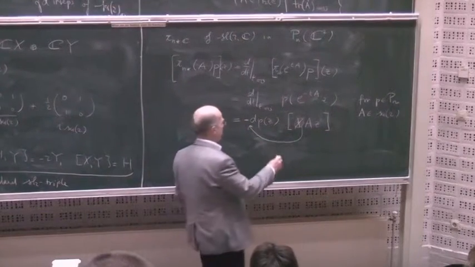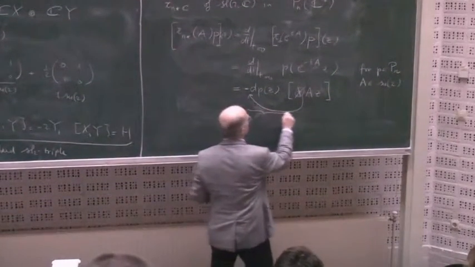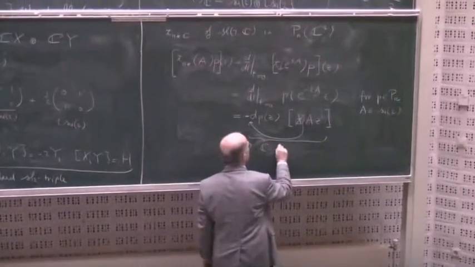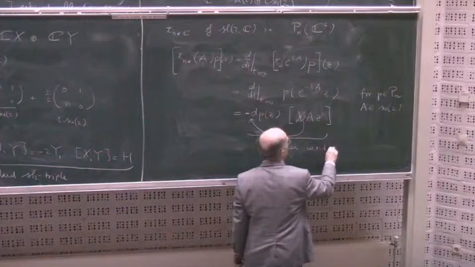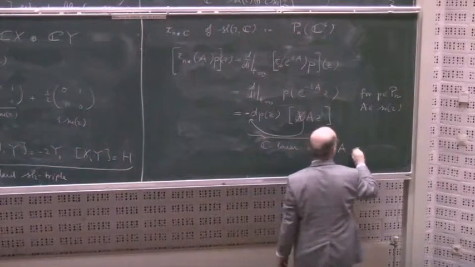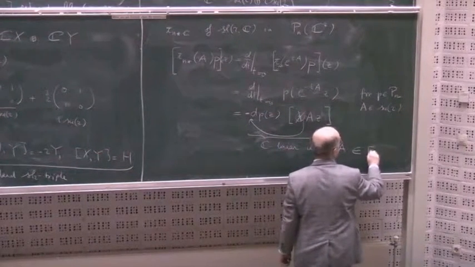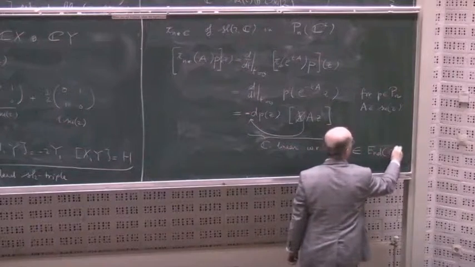So this expression is complex linear with respect to A as an element of the endomorphisms of C2.